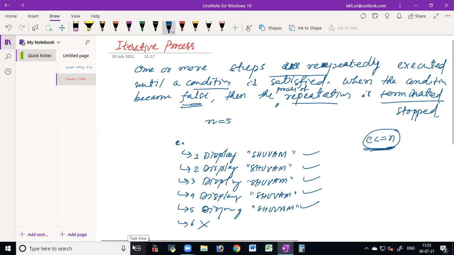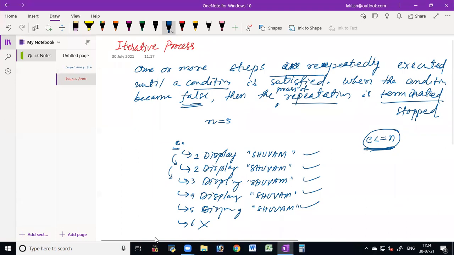Now, see here, the value of C is modified by 1. It was 1, then 1 plus 1, 2, 2 plus 1, 3, 3 plus 1, 4, 4 plus 1, 5, 5 plus 1, 6, like this. So it is incremented, increased by 1.